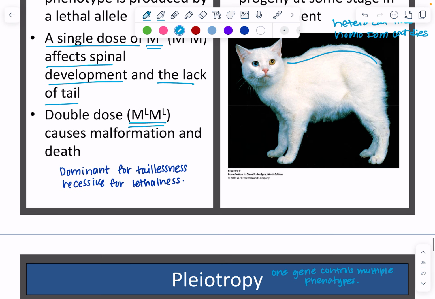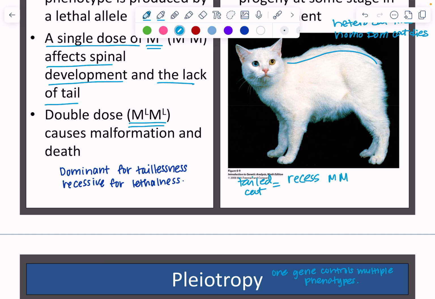But it's recessive if it has a tail. It's recessive for the tail gene, for the, why won't this erase? It's recessive, so a tailed cat equals recessive for the ML gene. So it's just M. Oh my goodness, MM.